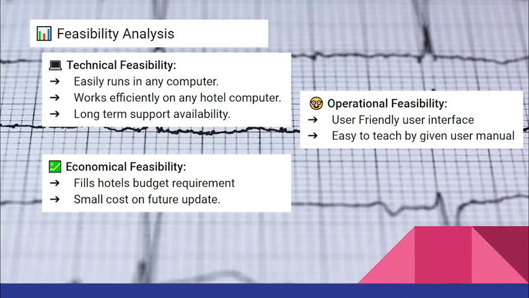Finally, there will be a small cost on future updates. If there is any feature update, those features would be updated easily, so that the hotels can update this with a small cost.